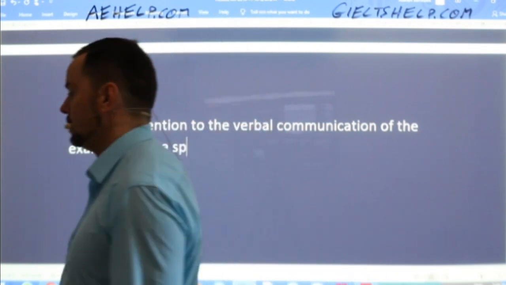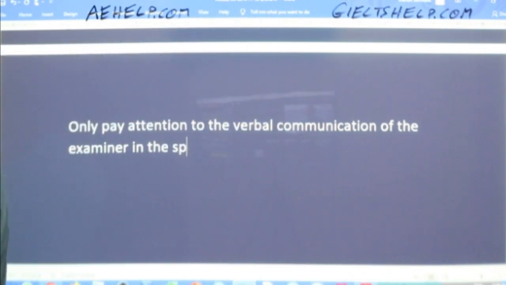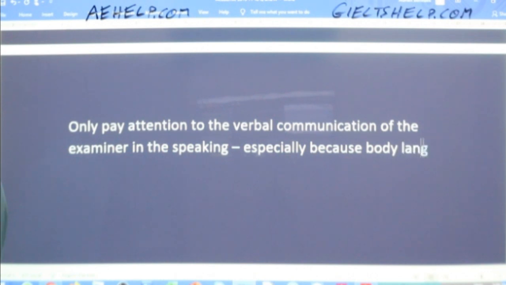Okay, so only pay attention to the verbal communication of the examiner in the speaking, especially because body language can be misunderstood easily.